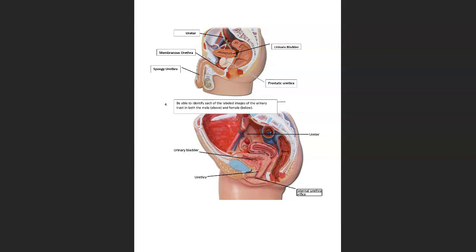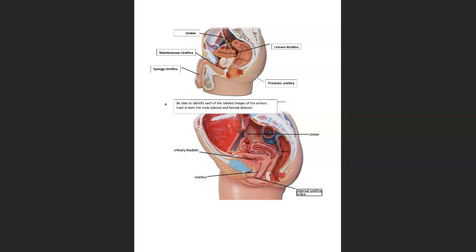In the male, you have a prostatic urethra, which is the urethra as it first exits the urinary bladder. The prostatic urethra then goes through the prostate gland, and then when it goes out of the prostate gland, there's a little area where it's only surrounded by a membrane. Okay, and that's called the membranous urethra. And then the membranous urethra will then enter the penis, where it's going to be surrounded by corpus spongiosum, erectile tissue.